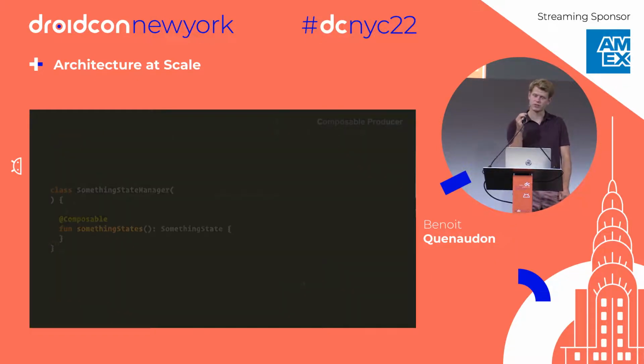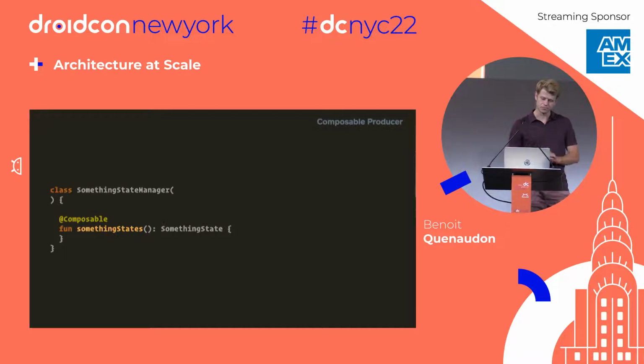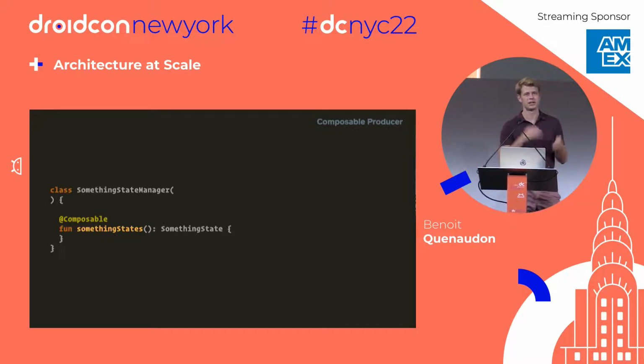And I've used Molecule as well for something else. Something below the presenter, say I have a backend manager somewhere which emits from the database or maybe the network or gathering data. I like now to make those composable, and Molecule is the tool that I use to make the bridge between, say, a composable and some RX presenter, flow presenter, it doesn't matter.